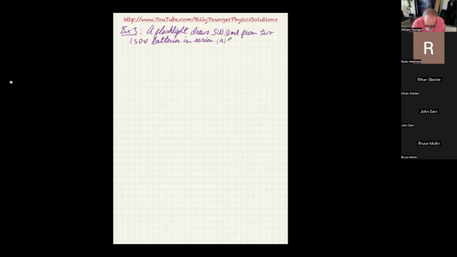A, what seems to be the resistance of the bulb?